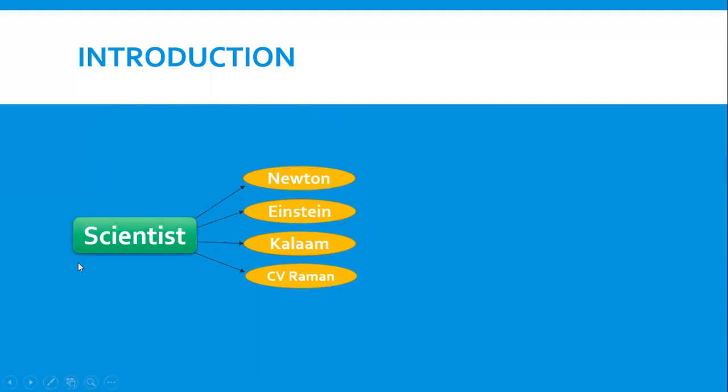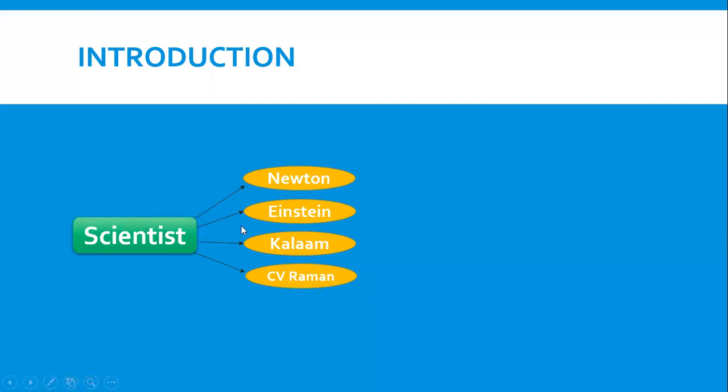Let us see some more examples. If I consider scientist as a class, then what are the corresponding objects? Newton, Einstein, Kalam, C.V. Raman, all these persons come under the objects of the scientist class. So what differentiates class and object is that a class is a generalized one whereas an object is specific. If you want to recognize an object, it should have some identity.